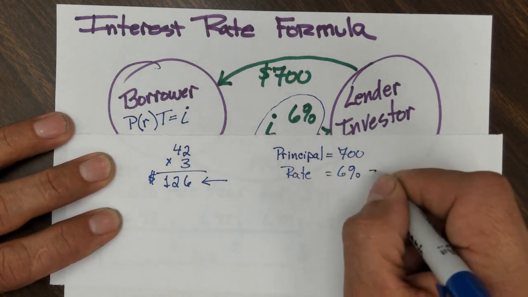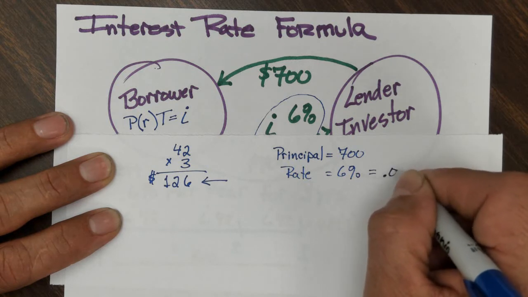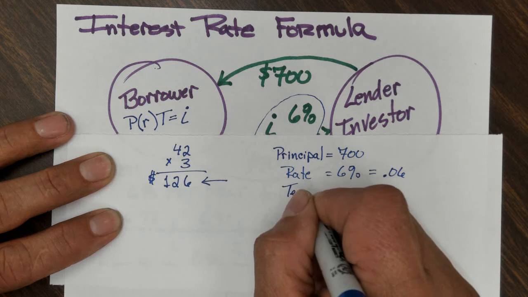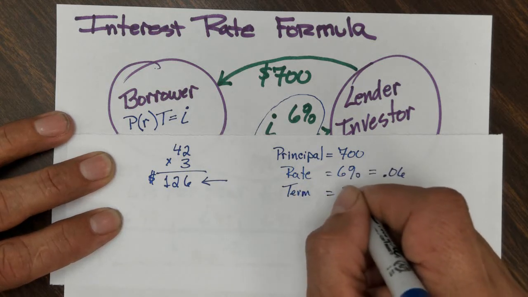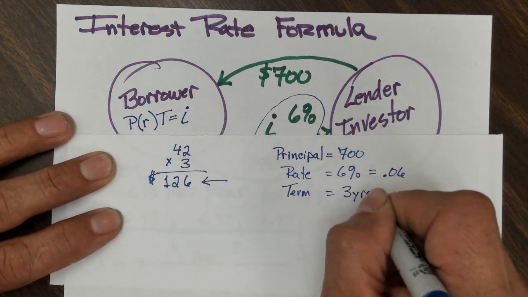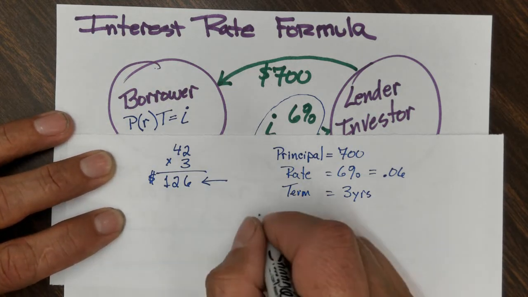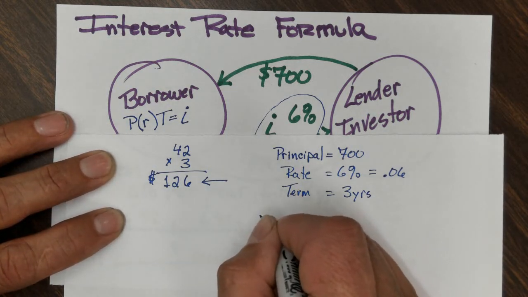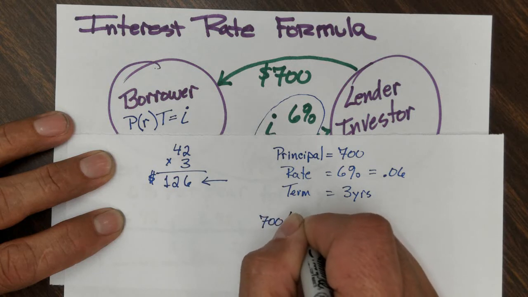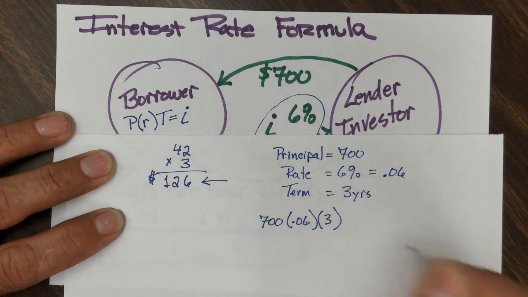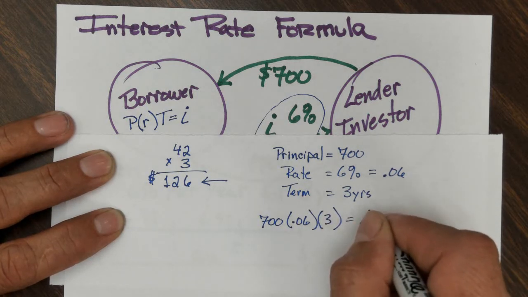Now, as a decimal, that means 0.06. And the term, or time, 3 years. Put it all together, we have 700 times 0.06 times 3 equals interest.